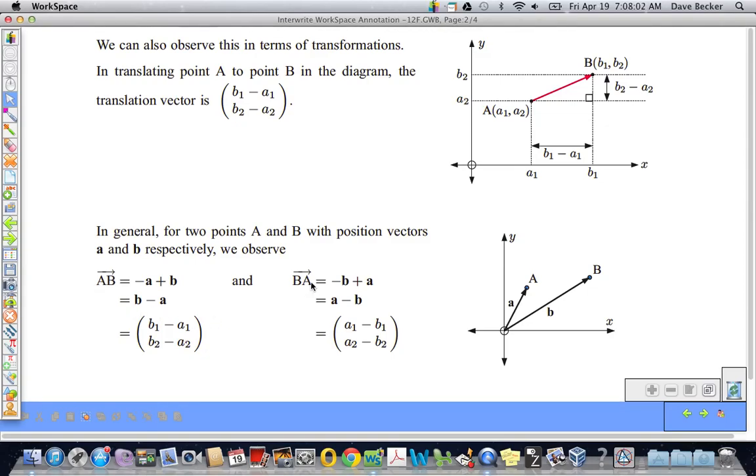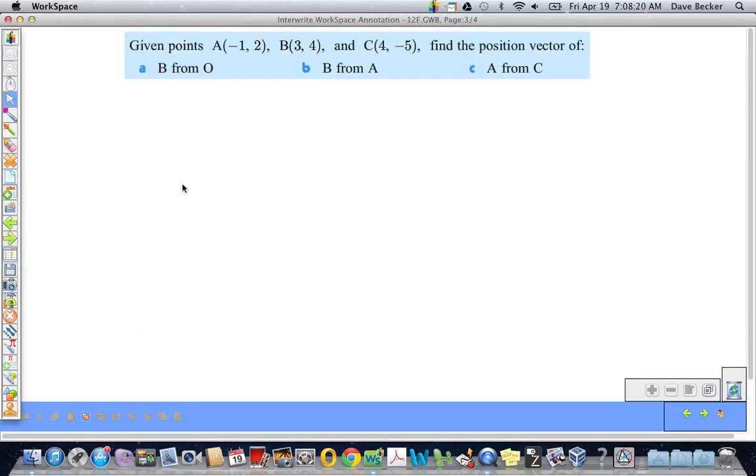So for BA, I'm going to take the components of the ending point of the vector, which are A1 and A2, and I'm going to subtract the components of the starting point of the vector, B1, B2. Very, very simple, very straightforward.